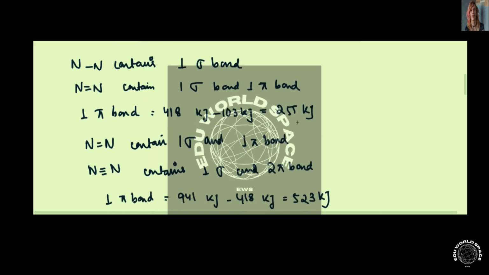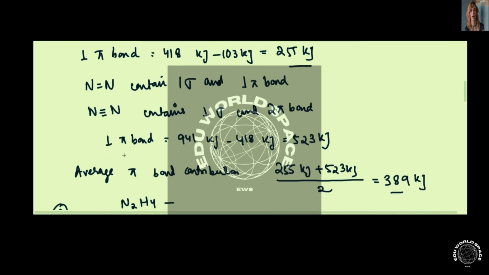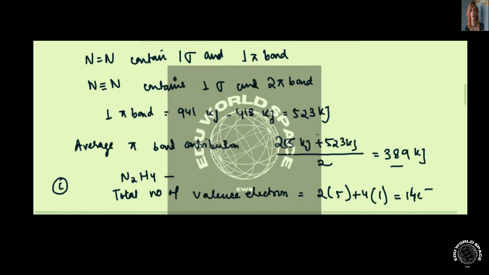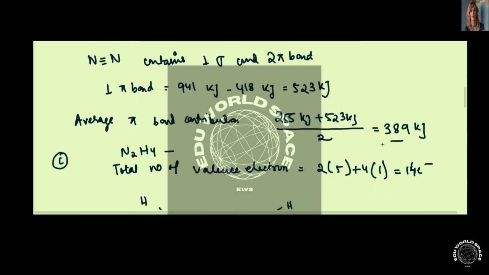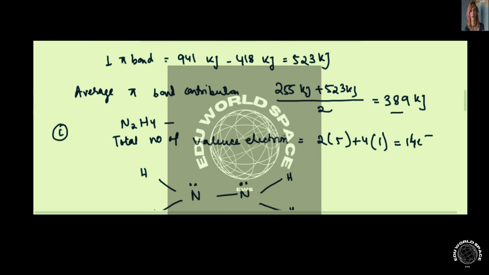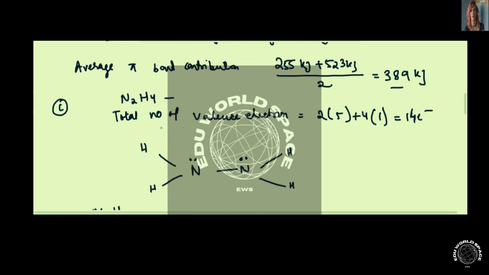So 1 pi bond can be calculated as 255 kilojoules. And N triple bond N contains 1 sigma and 2 pi bonds. So 1 pi bond can be calculated as 523. The average pi bond contribution can be calculated as 389 kilojoules.